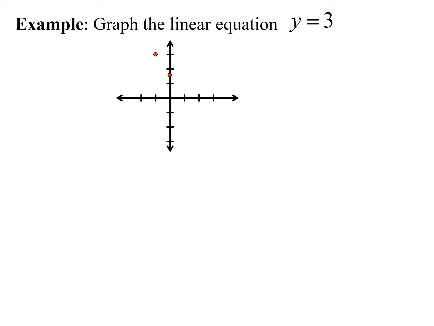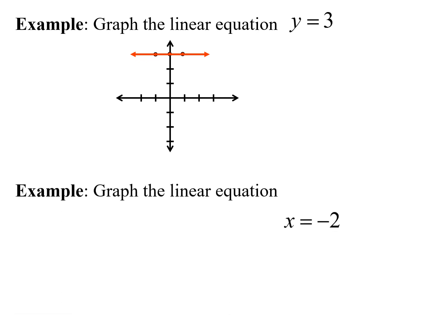If x is 0, y is still going to be 3. If x is 1, y is still going to equal 3. So you can see that our points line up horizontally, and so we get a horizontal line. That means that anytime we have an equation y equals a number, it will always be a horizontal line.